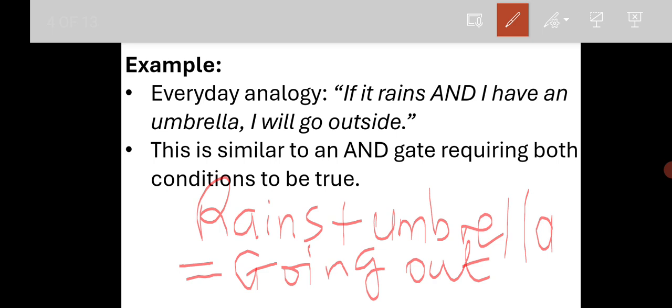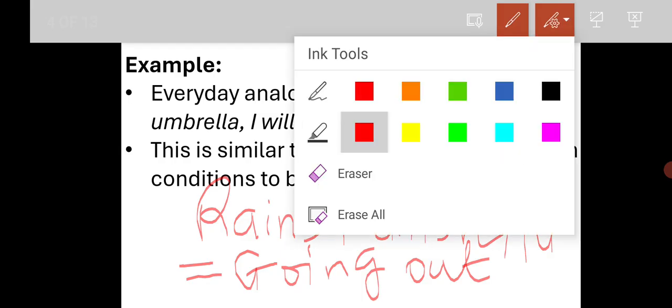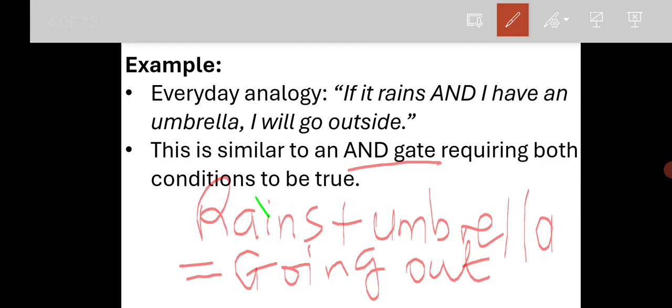So your going out depends on these two conditions. Rain plus umbrella, go out. So this is similar to an AND gate. Both it rains, and I have an umbrella, is equal to going out.